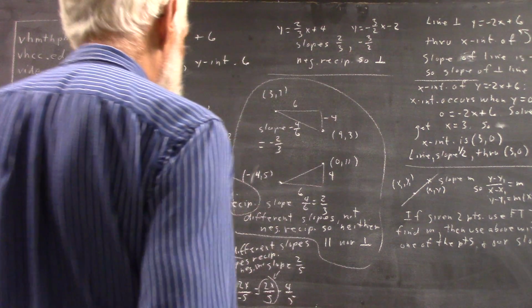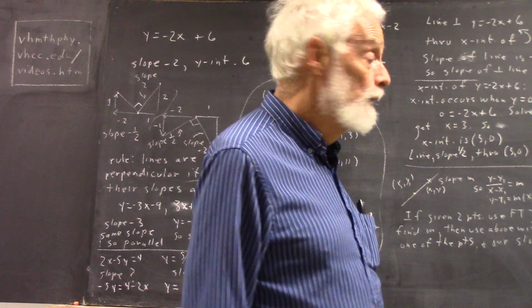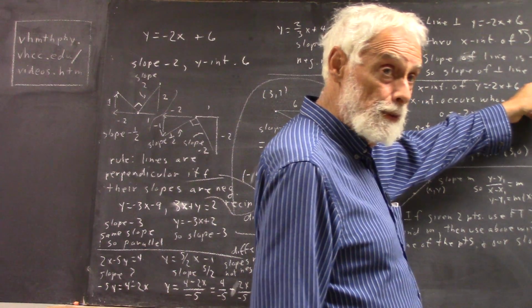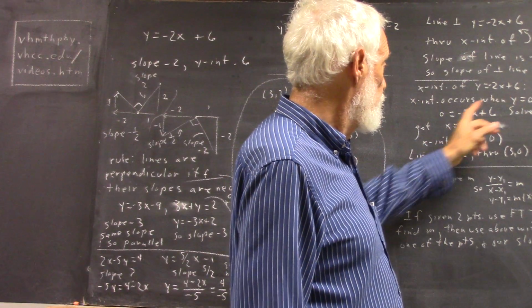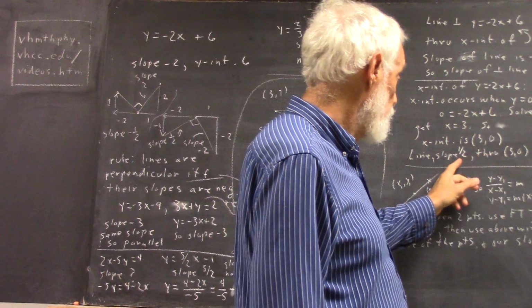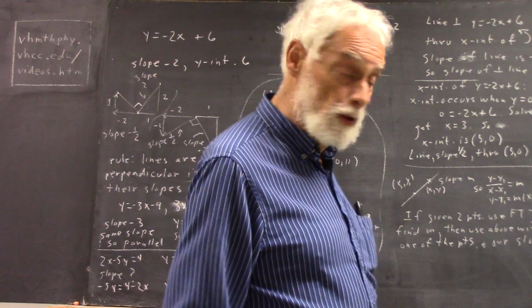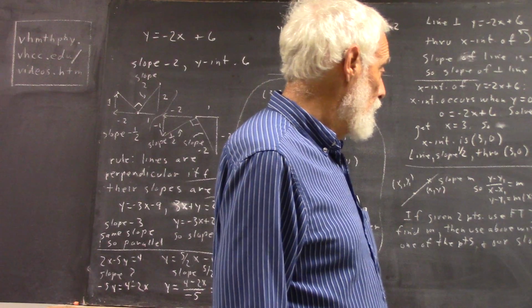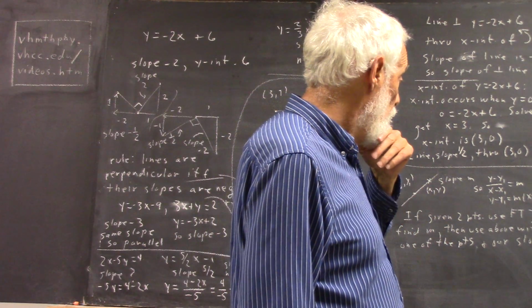So to get a line perpendicular to this line through the x-intercept, we see what the slope has to be, the negative reciprocal of the slope of this line. We let y equal 0 to find the x-intercept, and now we've got a point and a slope that we could plug into this formula, if we remember the formula, if we can rederive it. The picture works better for most people than the formula.